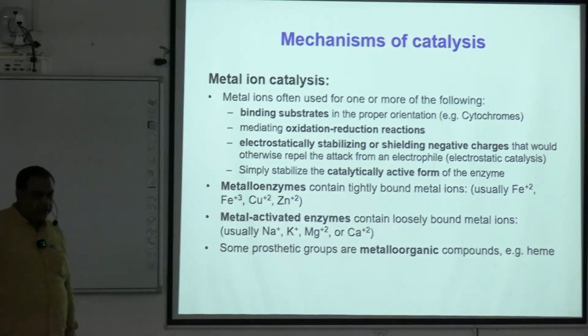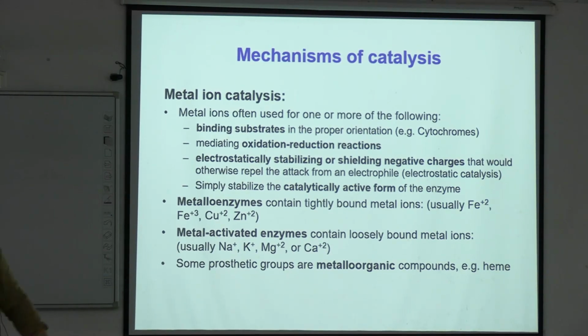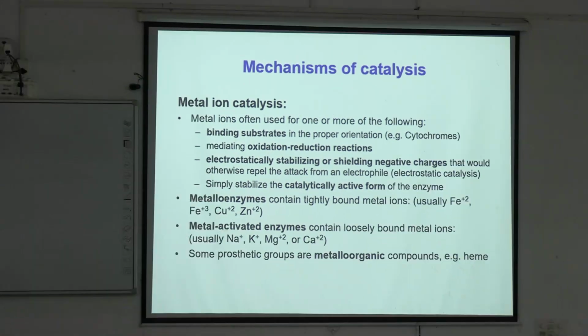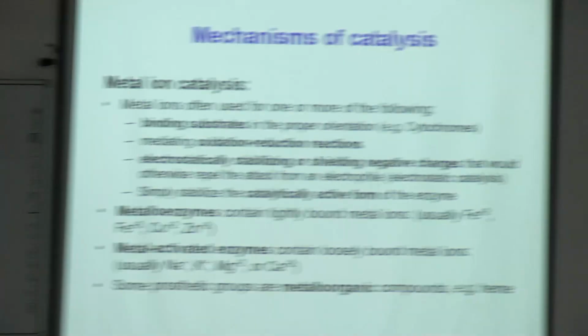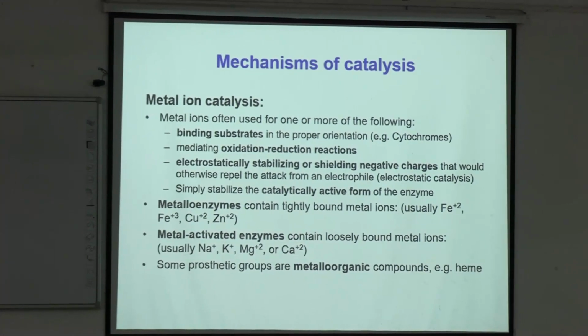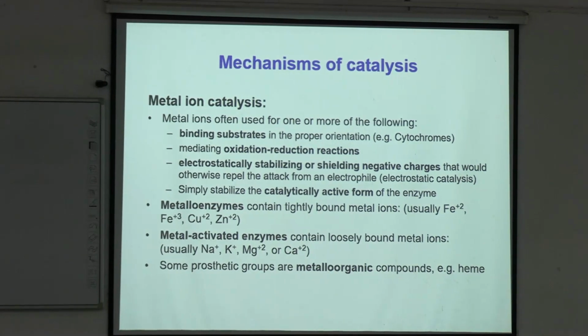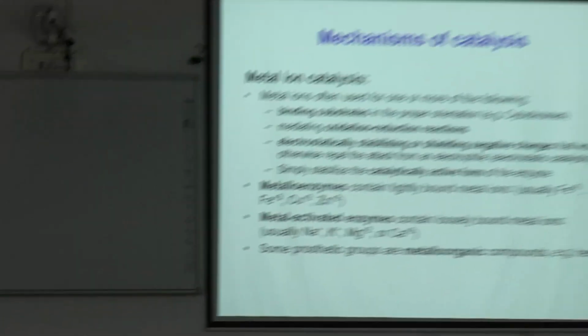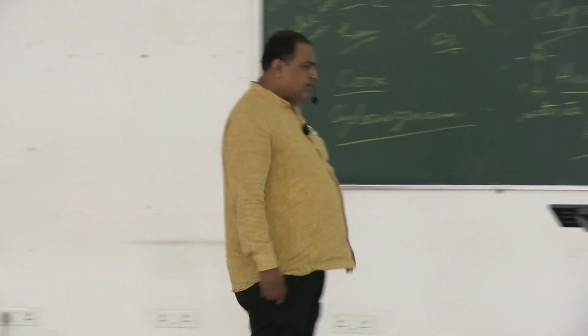Right? Metal ion catalysis, there are two ways metal ion can participate. One is metalloenzyme, another is metal activated enzyme. Remember the example of each one. Metalloenzyme example, carbonic anhydrase; metal activated enzyme, any kinase reaction, glucokinase, hexokinase. How do they do it?